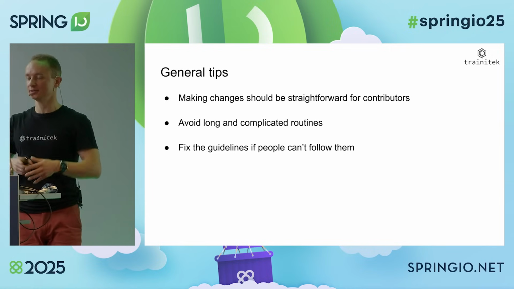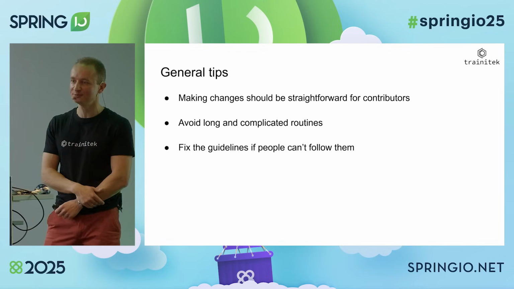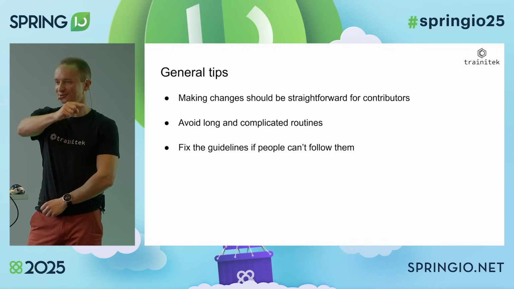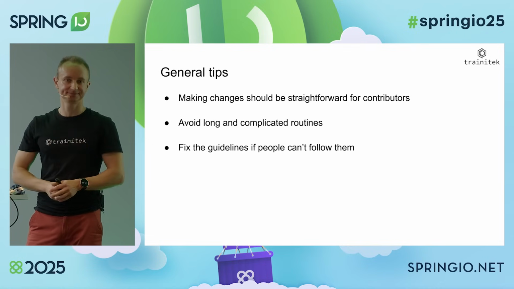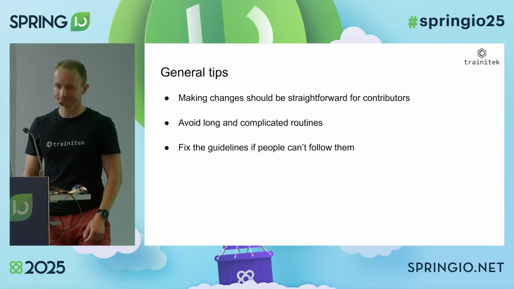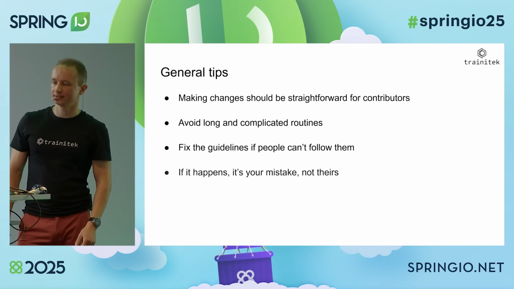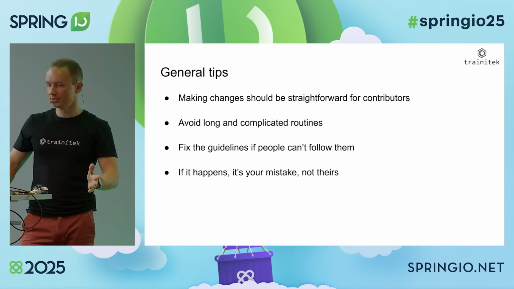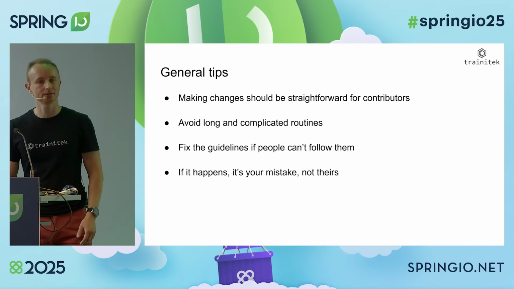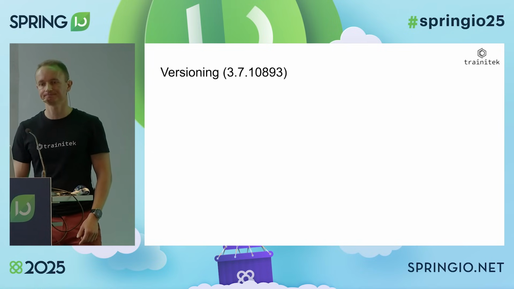When you're sitting together with developers, you say, now we will run my guideline, and you just go through all of the steps. Do it yourself. This is how you can check the quality. If they can't follow it, it's your mistake, not theirs.